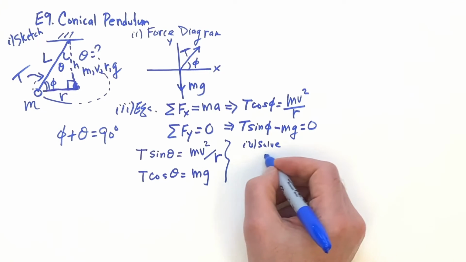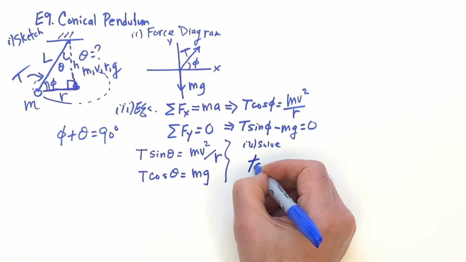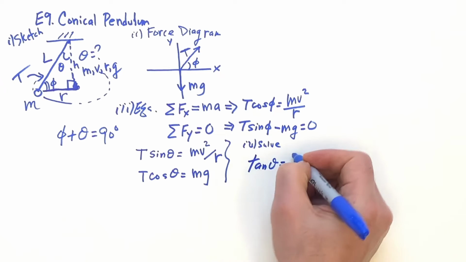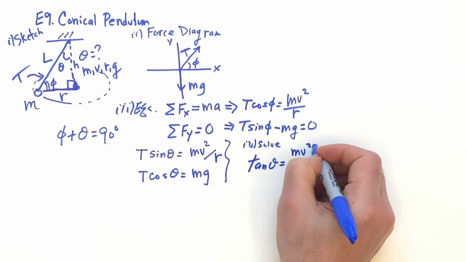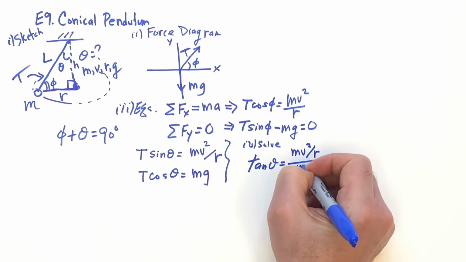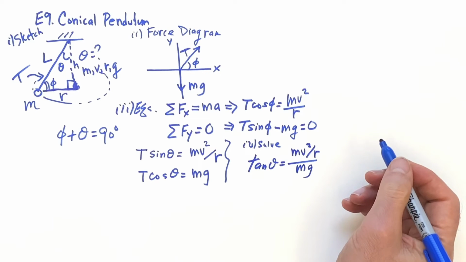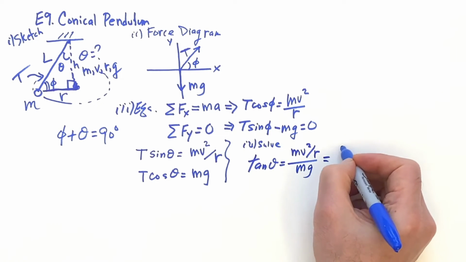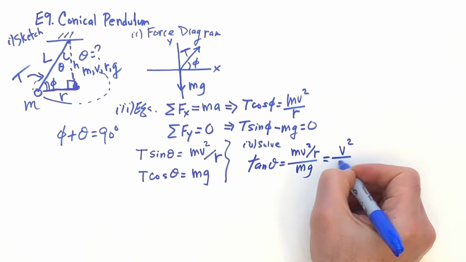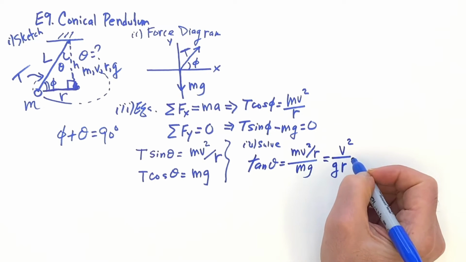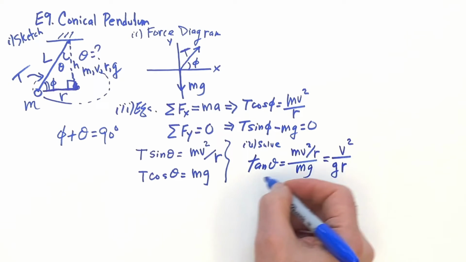So we're going to divide, and we're going to get tangent of theta is mv squared over r divided by the mg. And the m's cancel, and I get v squared over gr. And that is the formula.